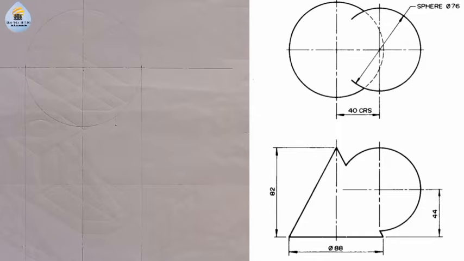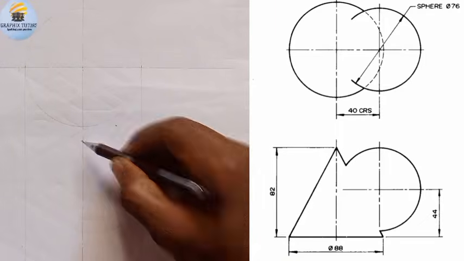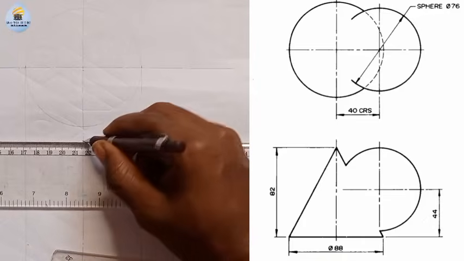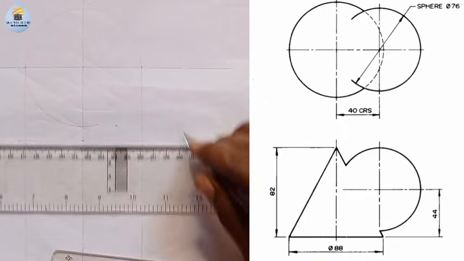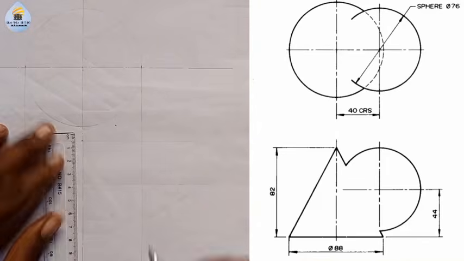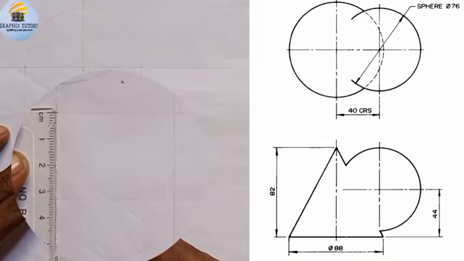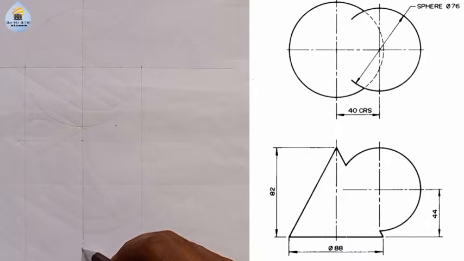Now what I'm going to do here is the height is given to be 82. So let me start from this point here. I'll just draw a front line this way. Then I'll measure 82, which is the height of the cone from the elevation. So I'll measure 82 from here to this point here. This is 80 and this is 82 here, right?